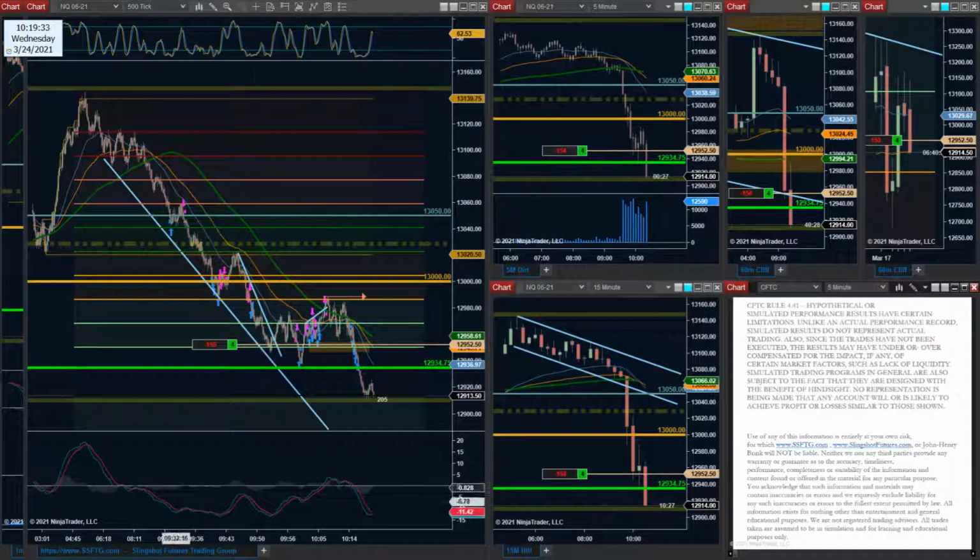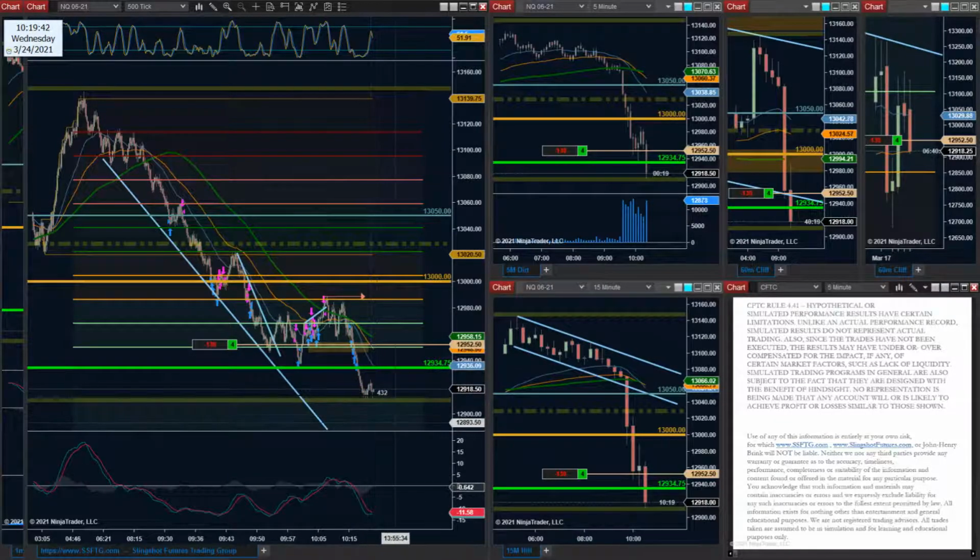Not enough support to become a buyer by any means. The only thing that they might end up showing would be a wedge bottom. And that's kind of where we're at right now, but if it's going to push back up, it's going to come back up to 52 anyway, regardless of whether or not I add down here.